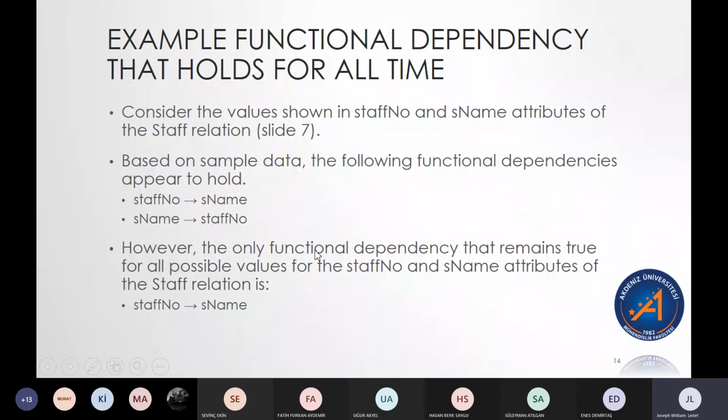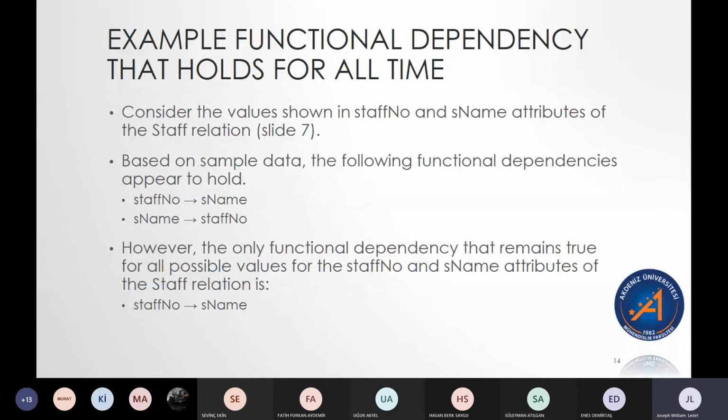However, there is one that does seem that it holds for all time, all possible values, right? And my guess is that as we start adding new employees, new staff to our system, there could be the possibility that the name might get duplicated, that we may end up adding another Joseph Lede to the staff. We may add another Murat Esh to our group, right?